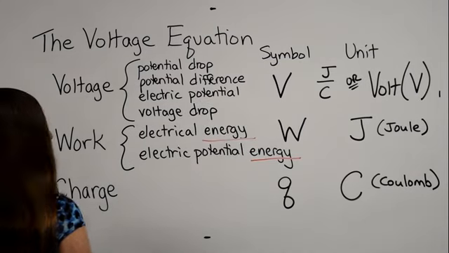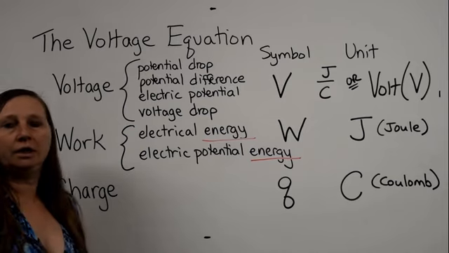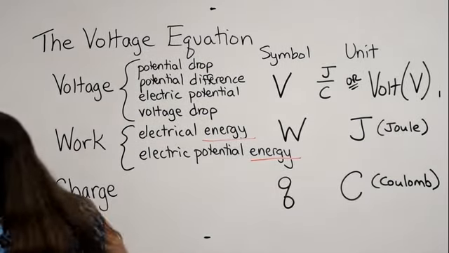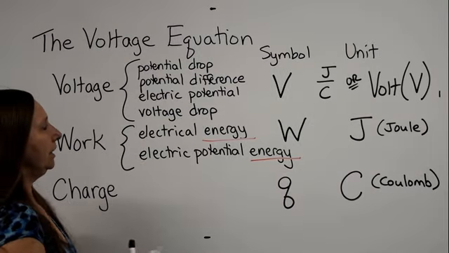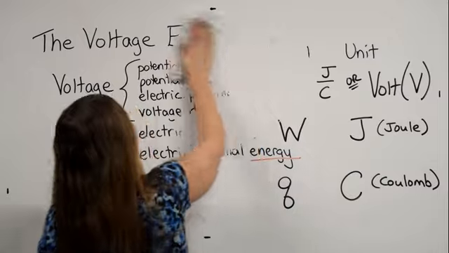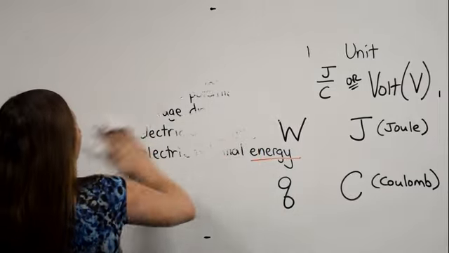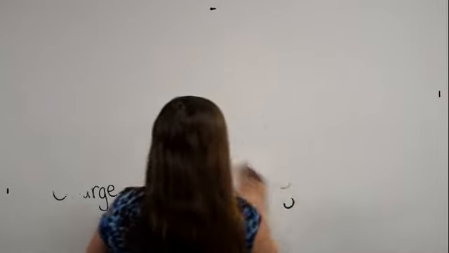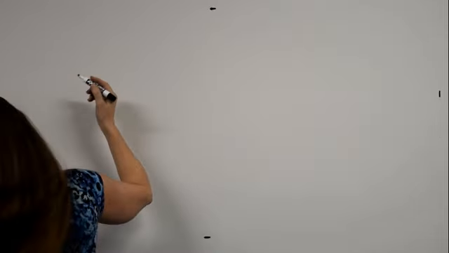Okay, so now let's take a look at the voltage equation. Let's look at it in terms of symbols, and let's look at it in terms of words. The voltage equation goes like this.